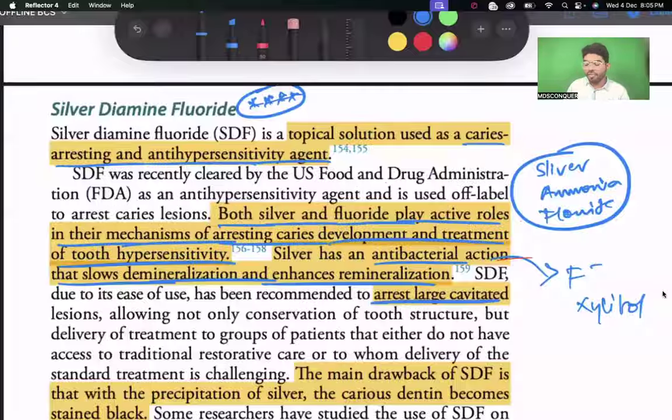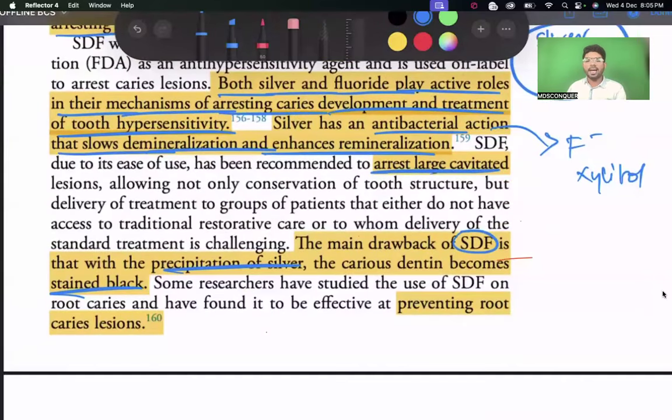The main drawback of SDF, silver's main drawback, is that silver is going to cause precipitation. Whenever there is silver, it is going to cause black color stain. So the main disadvantage of SDF is staining, and this question is also given. After application of which of the following fluoride topical agents did they give a very discolored tooth to the patient, and they have asked which of the following fluoride topical agents was used in this patient?